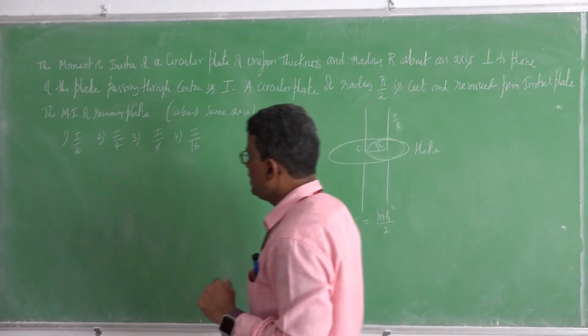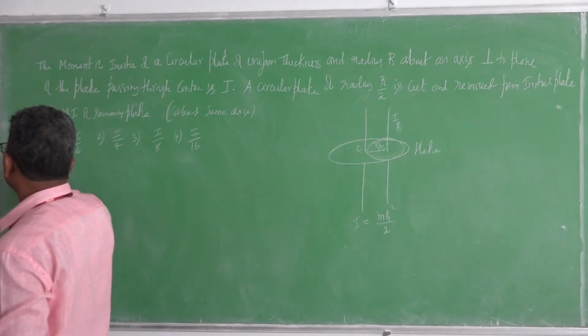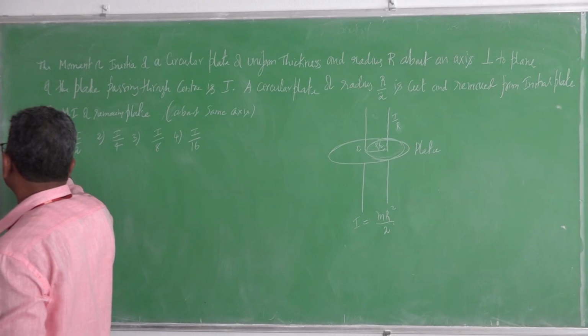So see how I will calculate. I am using this concept: the moment of inertia of the remaining body, instead of plate I will write generalized. I am generalizing this concept.